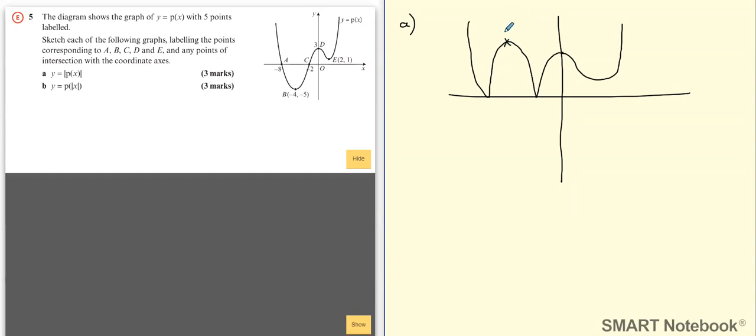And so this point here is going to become minus 4, 5. Just be careful to have it higher than D, because that was 3. Minus 8 is fine where it is, minus 2 is fine where it is, and E is fine where it is. So that's part A done.